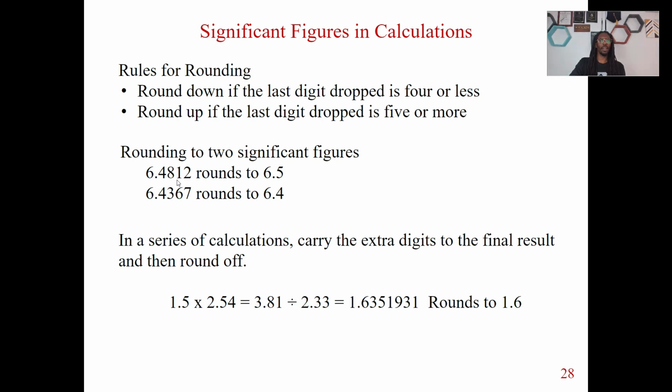So let's look at the first one here. With 6.4812, I need to round to 2 significant figures. So let's just focus on my 6.4. This is what I'm focused on, because I know that I only need 2 significant figures. And because of this, I need to look at the next digit over. So I'm going to look at 8. This 8 is going to impact my 4.